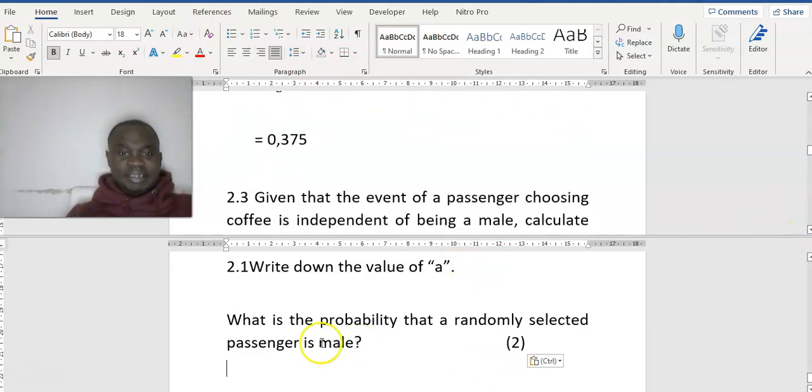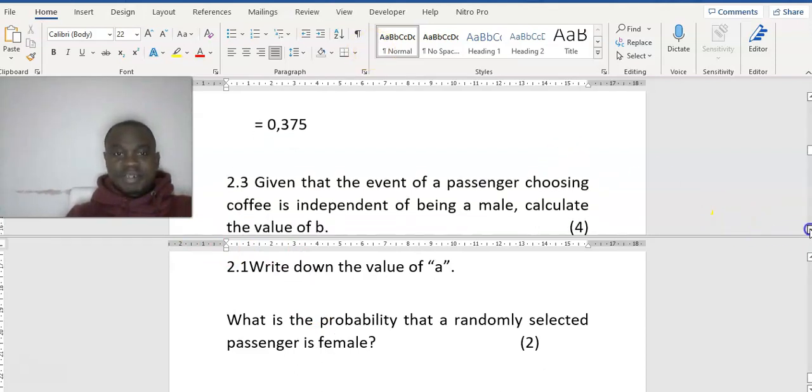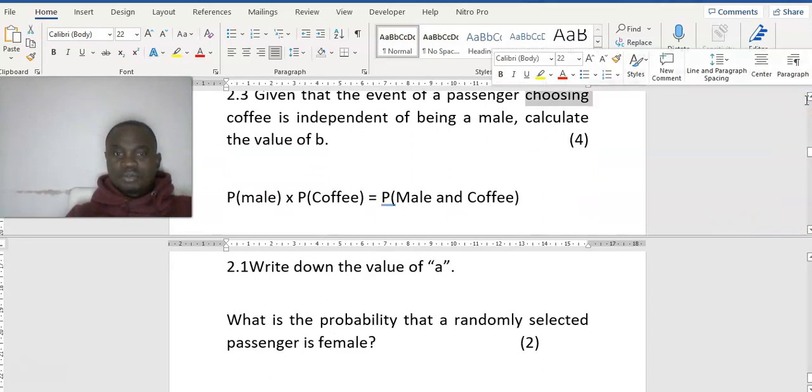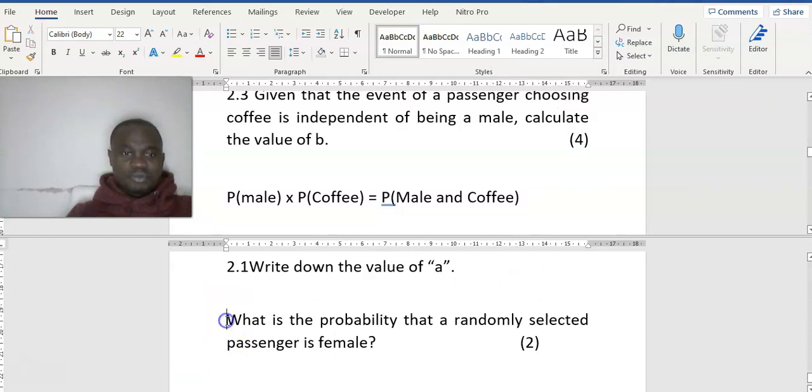And it's now female. Let me add FE. Change everything. They are all similar questions. It's just practicing questions, eh? Okay, then this one also, this must be 2.